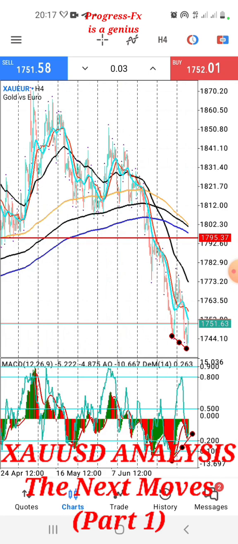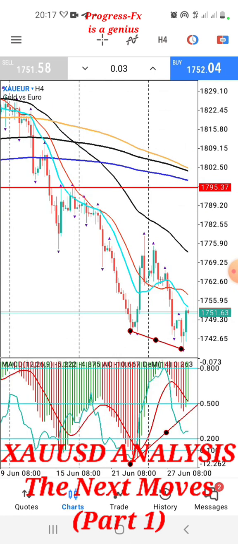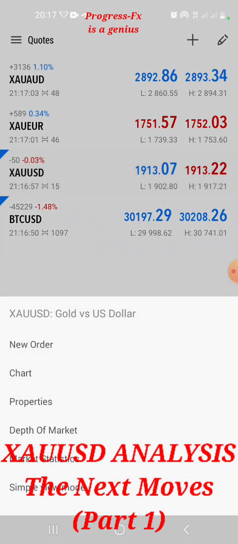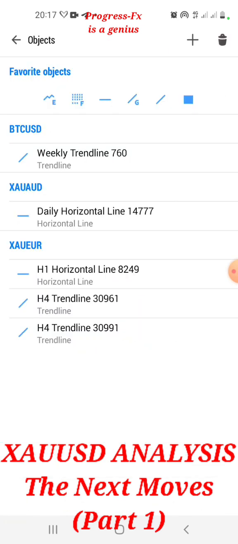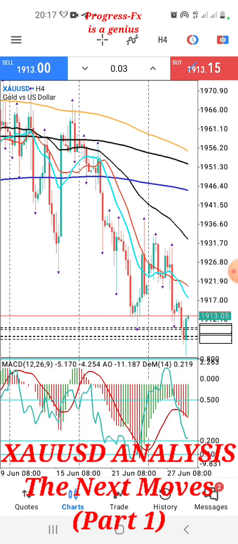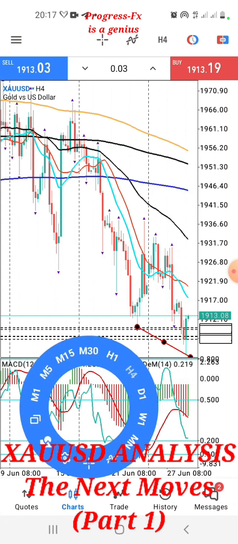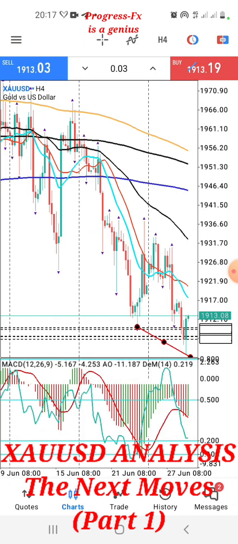But when you check on gold, gold formed a similar divergence, but this MACD signal line hasn't tested the 100 oversold line.